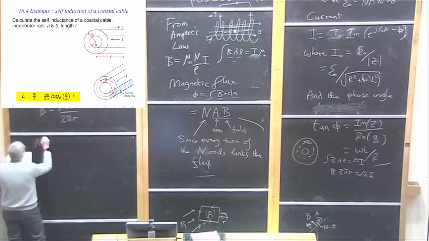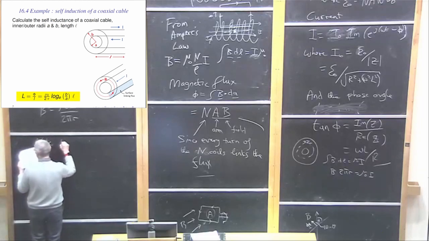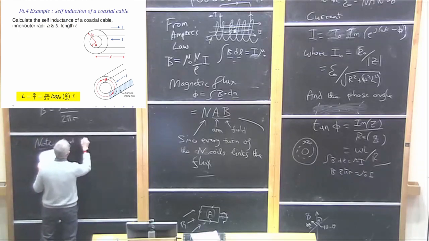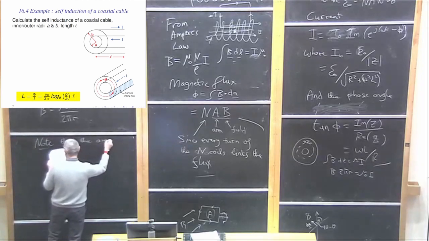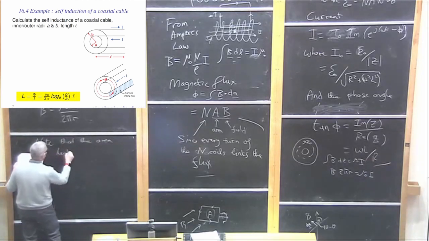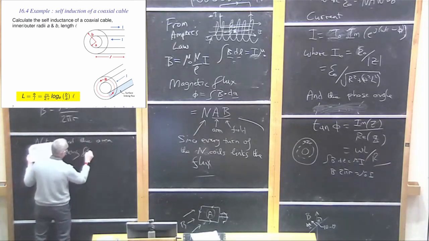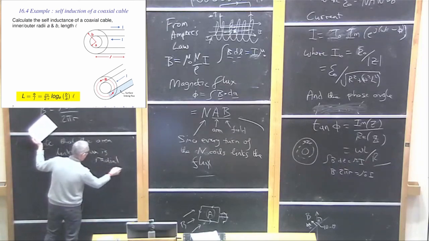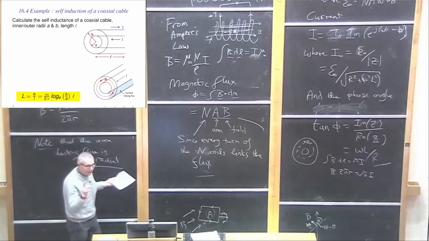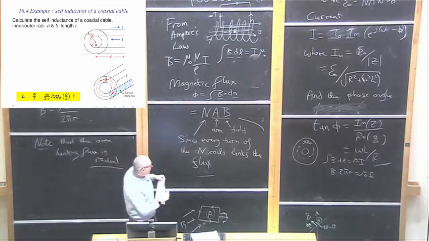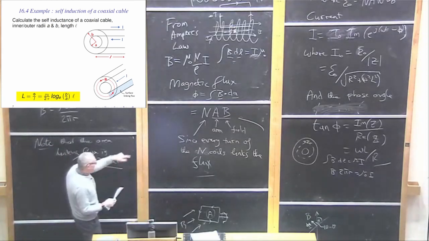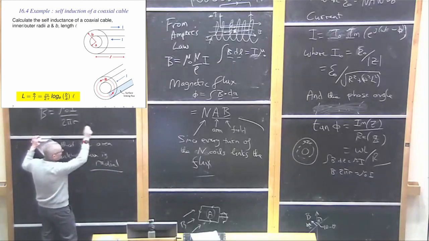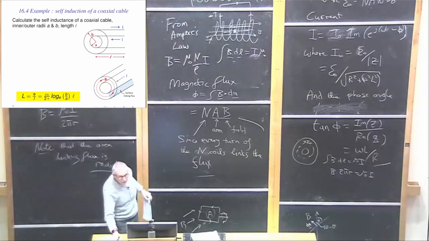So note, this is important: linking flux. Now, this is a common mistake in this calculation. The field is going azimuthal, round inside here.